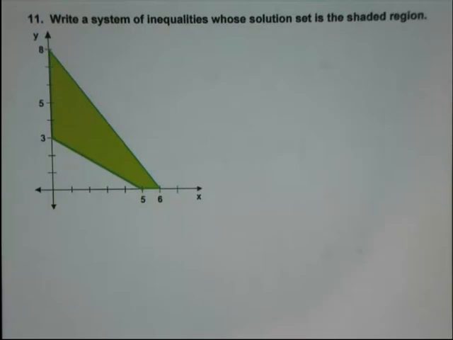Exercise 11. Write a system of inequalities whose solution set is the shaded region. Okay, let's see, what do we notice about this shaded region? Well, two things that are important. One, it's convex. Two, it has straight line boundaries.